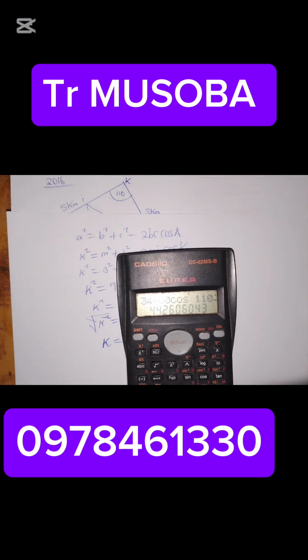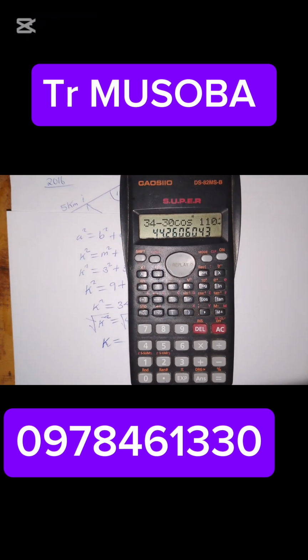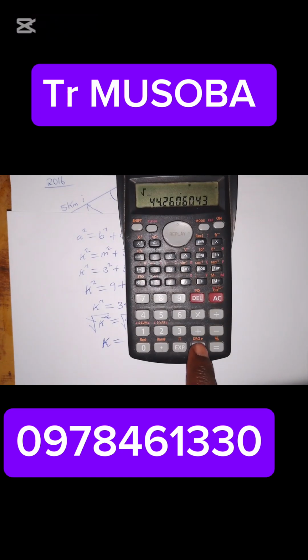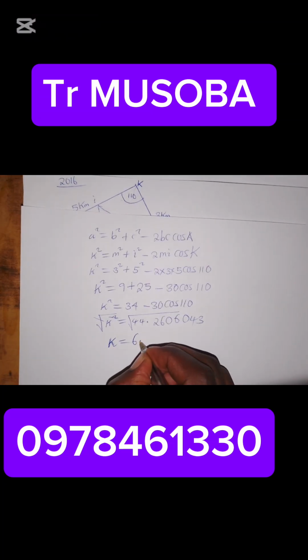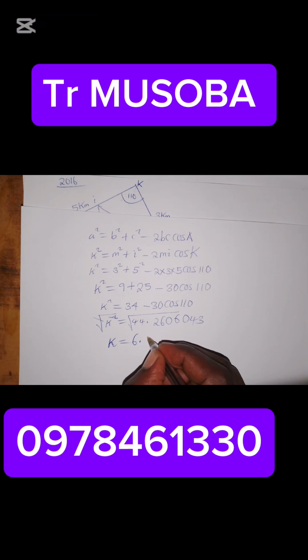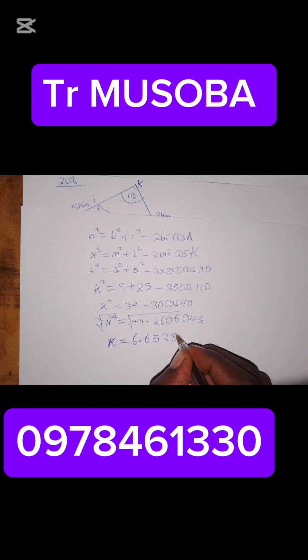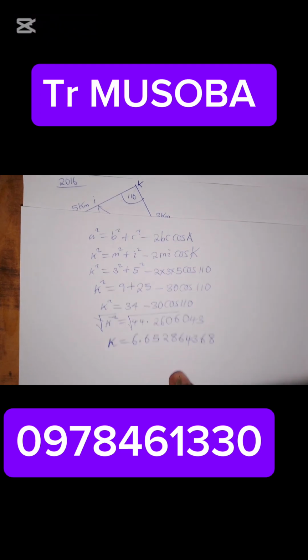On the calculator, you don't have to delete the answer, you just say the square root of the answer. Then you say equals. So we have 6.65286436 8.